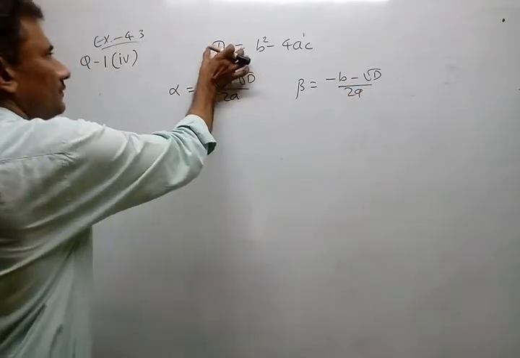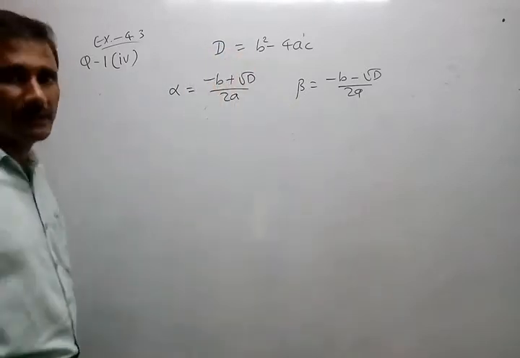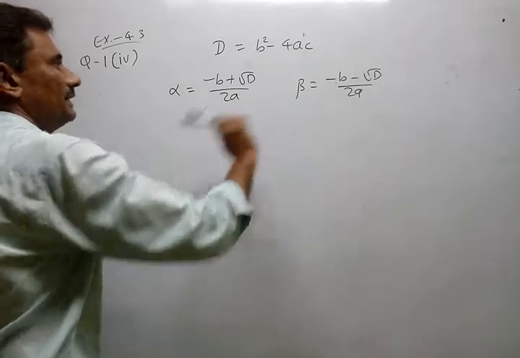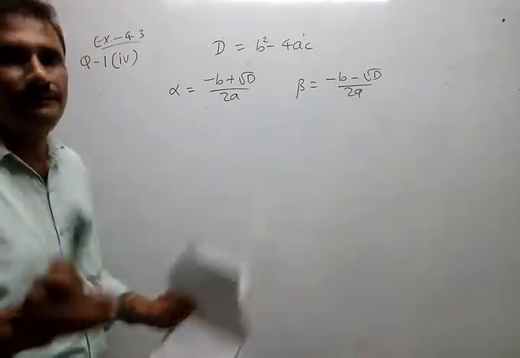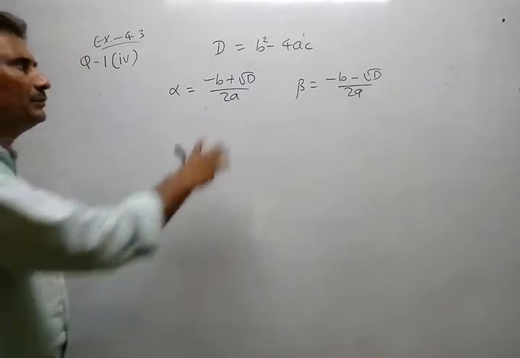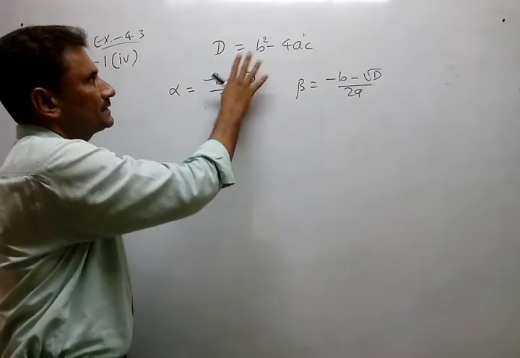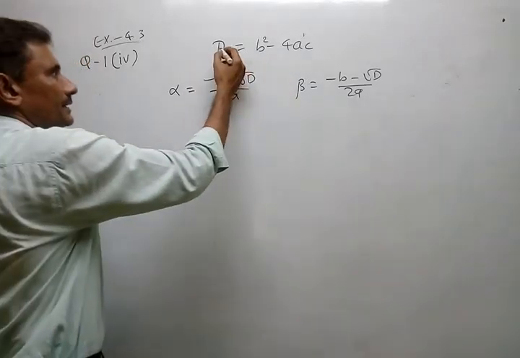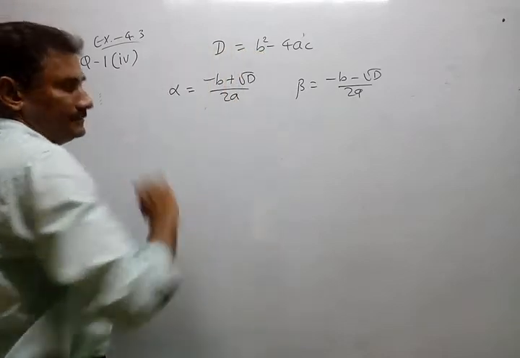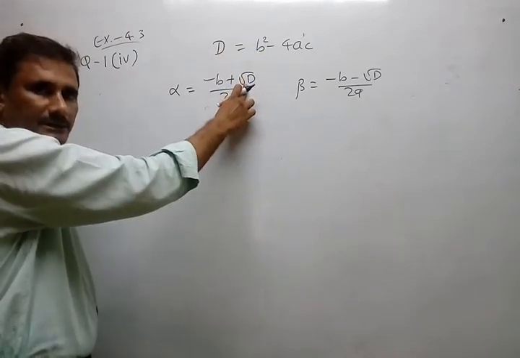So in total there are two formulas. The first formula is for finding the discriminant, and the second formula is for finding the roots after finding the discriminant. Understand? Now, before practicing this method, first of all just observe here. Suppose D is negative, then a problem arises.